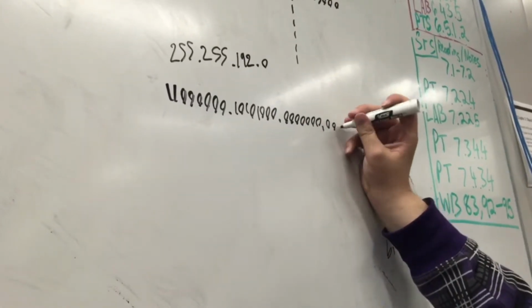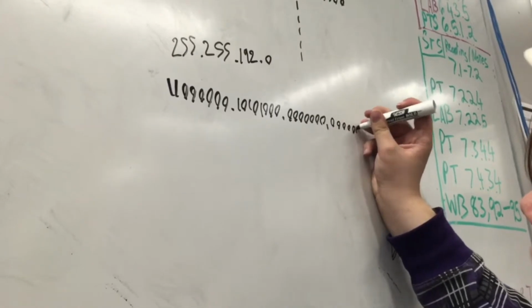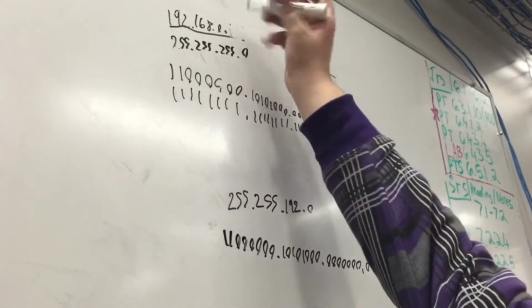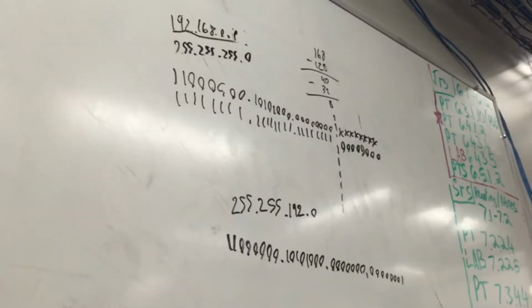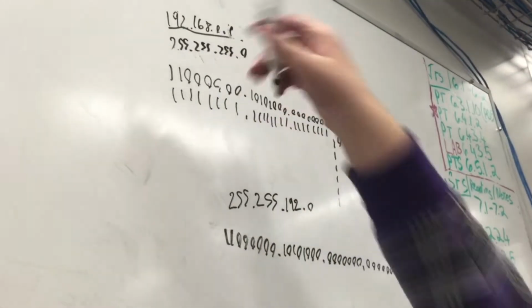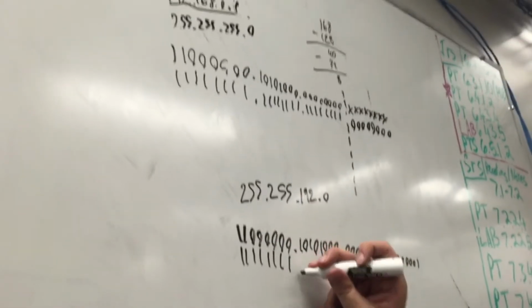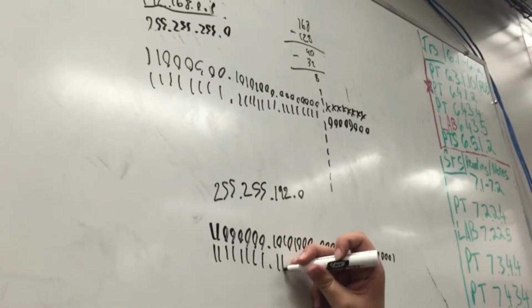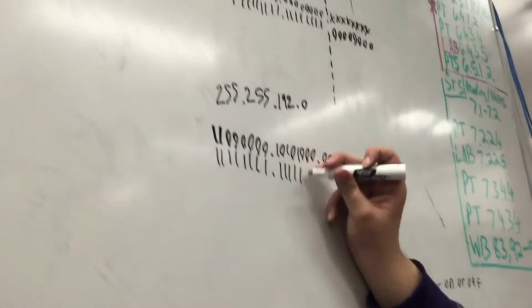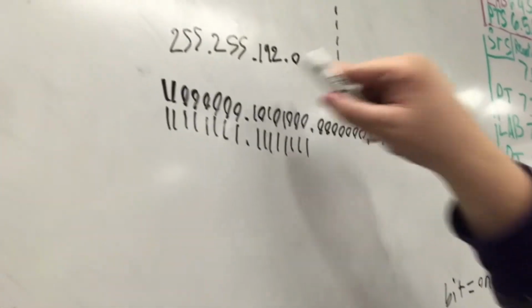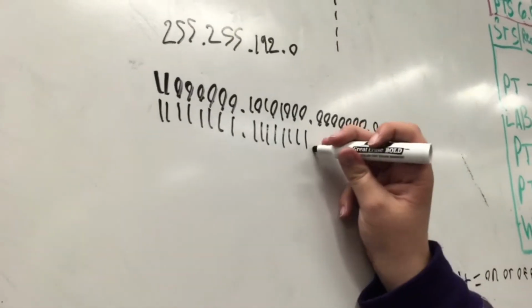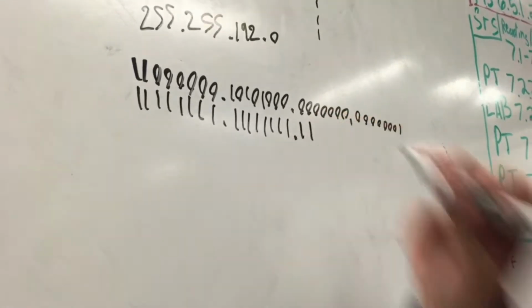Let's just make up, let's just make this .1 now. So 255 dot 255 dot 192. So that means 128, 192.